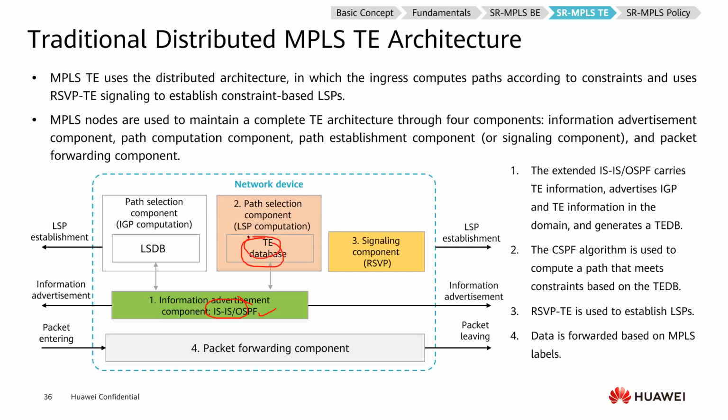Based on the requirement, the device itself does the calculation, and after the calculation, they use RSVP to reserve the resources on that path. Then the packet can do the forwarding. This is MPLS TE.